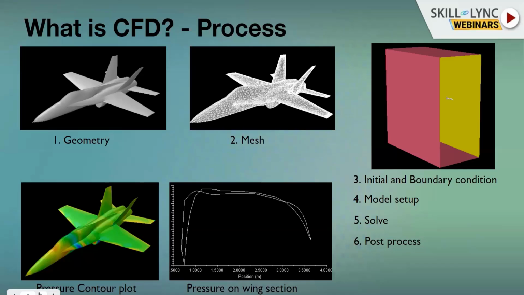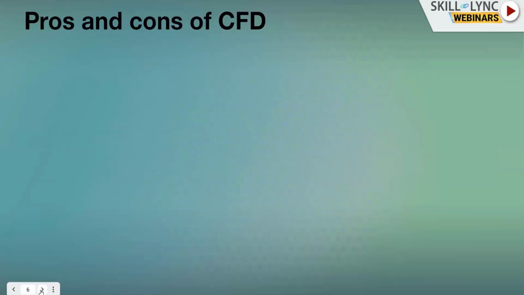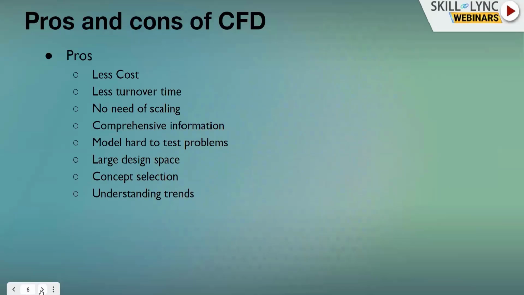Can you go to the next one? Yes. So here are the pros and cons of CFD. What are the advantages of CFD? A few things are quite obvious: less cost, less turnover time relative to the experiment, and no need for scaling. This is quite an important advantage.